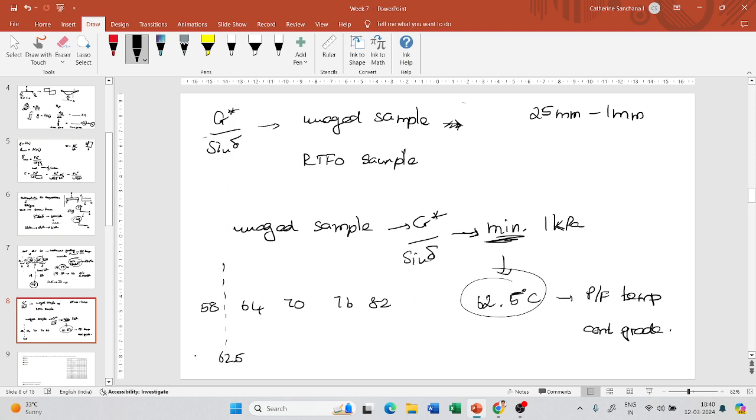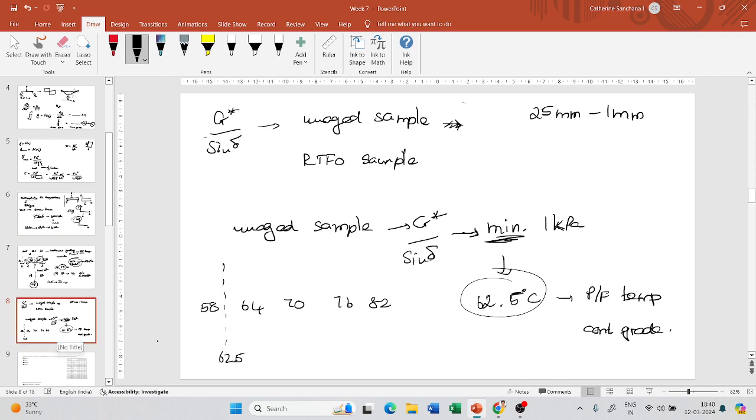Now there are two cases. This is the exact pass fail temperature, and now I have to determine the PG temperature. What did we do for intermediate temperature? We said that the PG intermediate temperature is the next highest PG temperature after the pass fail temperature.